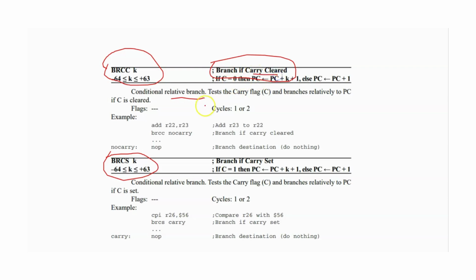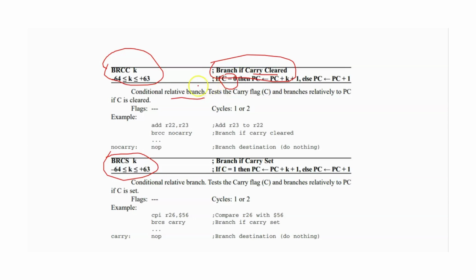The carry flag bit is one of the bits of the status register, as we discussed in the last instructions of shifting left and shifting right. That shifted bit was stored in the carry flag bit of the status register. So this instruction will be checking the status of that carry flag. If the carry flag is 0, then it will be branching. And if the carry flag is 1, then it will not jump, so it will move to the normal next instruction.